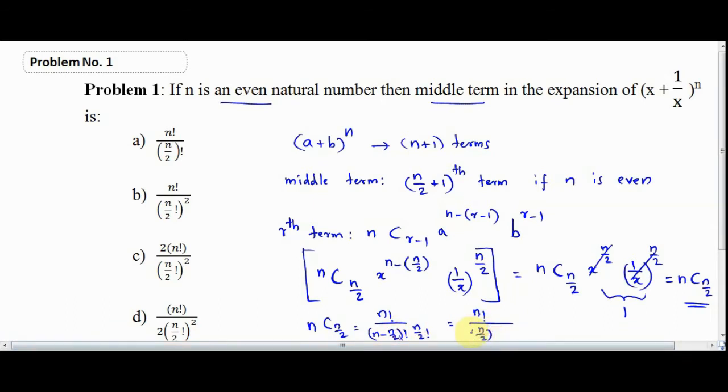So the final answer is n! divided by ((n/2)!)^2. That is given by option B, n! divided by ((n/2)!)^2. So the answer is option B.